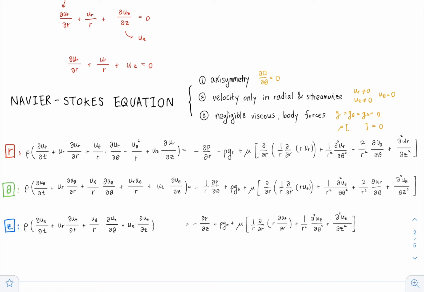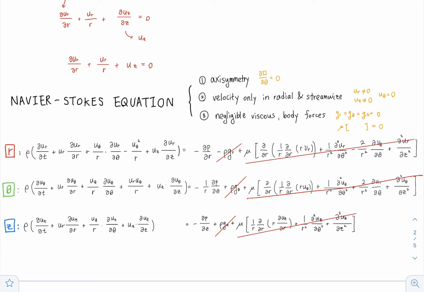Okay, let's see. If we get rid of everything, firstly, we are going to have no terms in the viscous bracket, so these three are all going to go to 0. And we do not have any other body forces, so these terms are all going to go to 0.